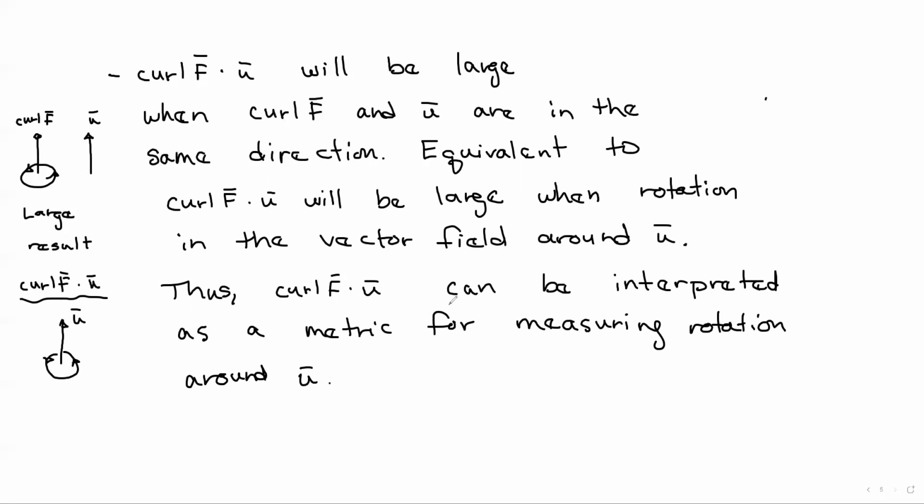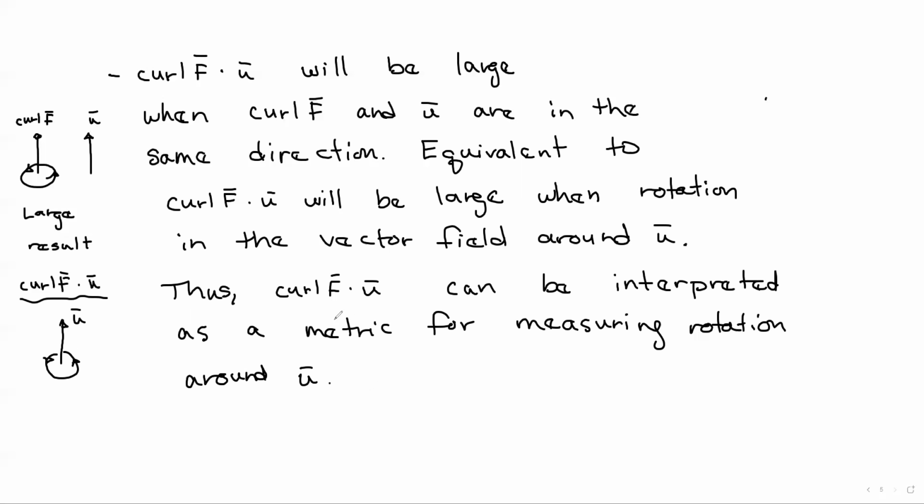Okay, and so that's the idea here: we're extending from thinking of curl of f and u as two separate things to thinking of the dot product as giving us a measurement of whether the two are parallel. And then if they're parallel, one could replace the other, and we could shift it into being a measure of rotation around the input vector u.